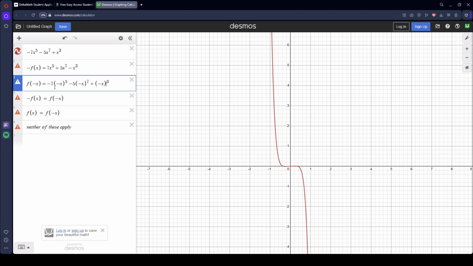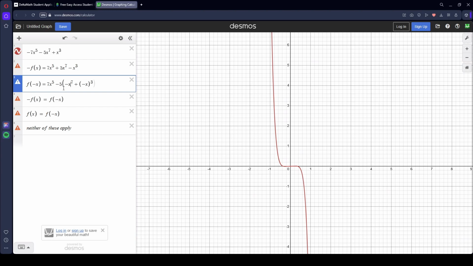Negative x to the power 5. That would be negative x to the power 5. Now we times by negative 7, and that would be 7x to the power 5 because negative. Now let's see, negative x to the power 7.